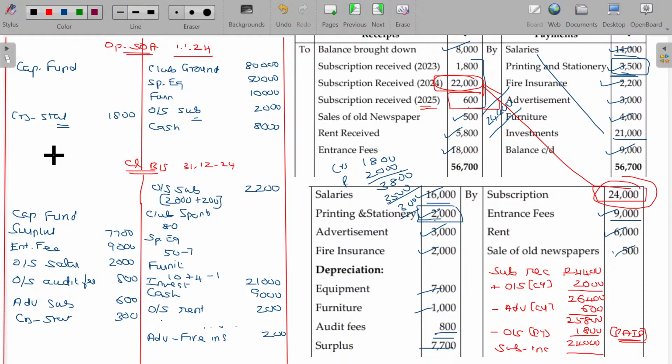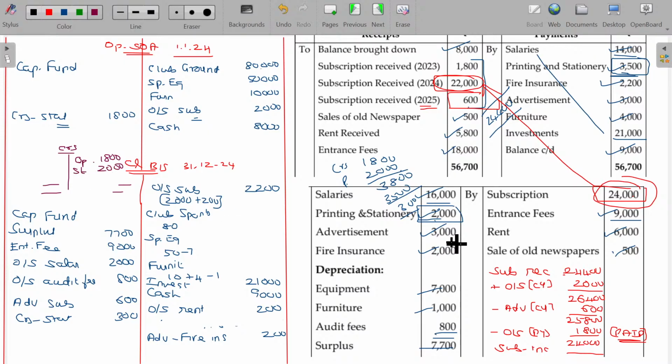Now, to make you understand, I use the creditors account here. What is the initial balance? 1,800, am I right? If you are purchasing, what is the journal entry for that? Stationery account debit to creditors 2,000 rupees.